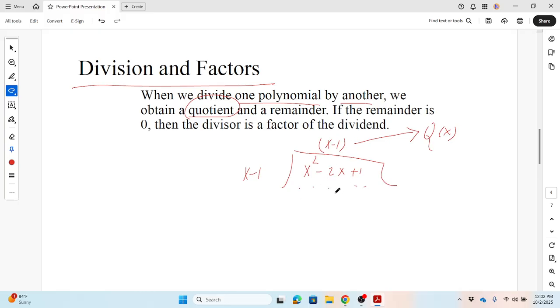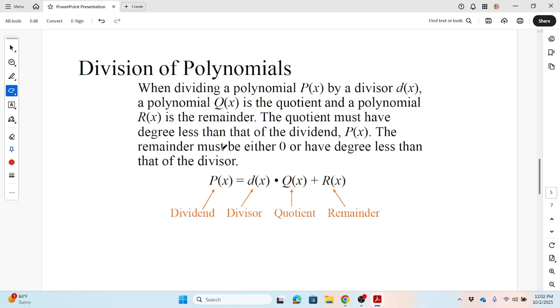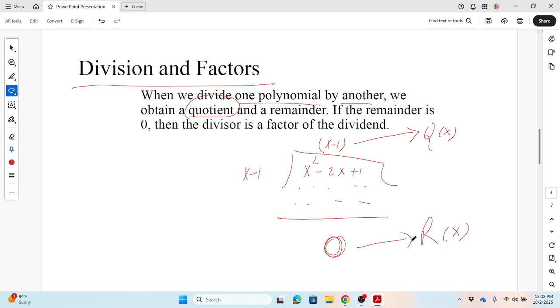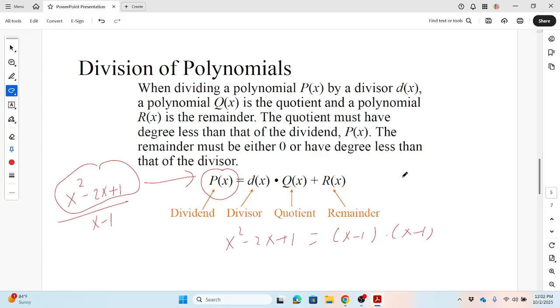And after doing the operation, we got the leftover at the end. That's called the remainder. Let's name this r of x. So any polynomial dividend, in my example, p of x is x squared minus 2x plus 1, is equal to the divisor, which is x minus 1, times the quotient, which is also x minus 1, that's what we got on the top, and then plus the remainder.